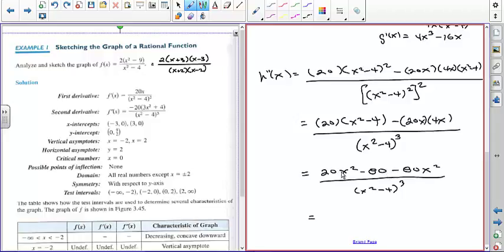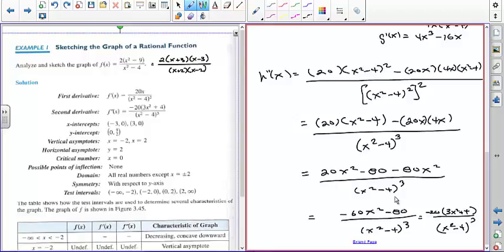And 20 minus 80 is negative 60, so we get negative 60x squared minus 80 divided by x squared minus 4 cubed. And if you factor out negative 20, you get negative 20 times 3x squared plus 4 divided by x squared minus 4 cubed, which is what they have.